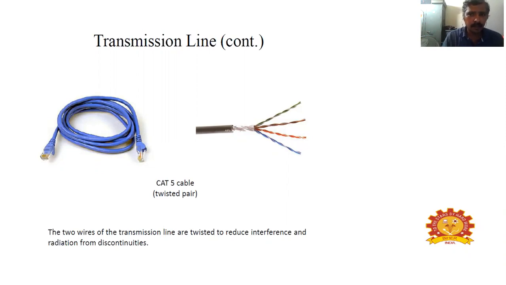Another important thing shown here is that the 2 wires of the transmission line are twisted. They are twisted in order to reduce interference and radiation from discontinuities. That's why the 2 wires are twisted.